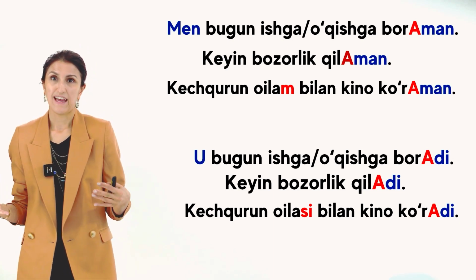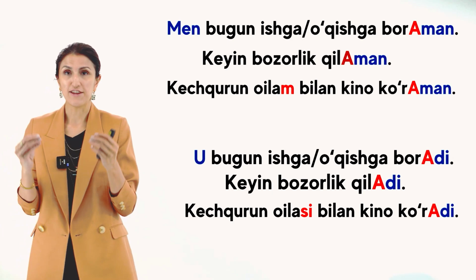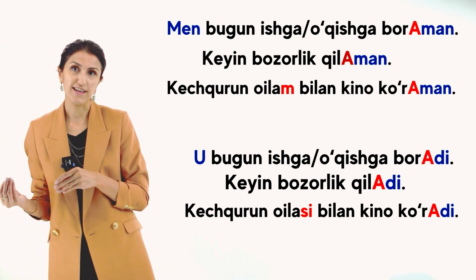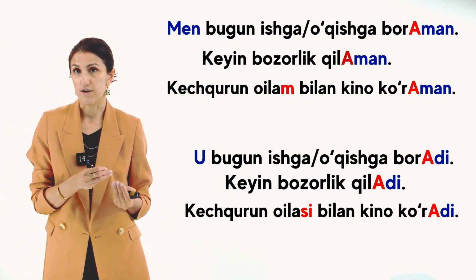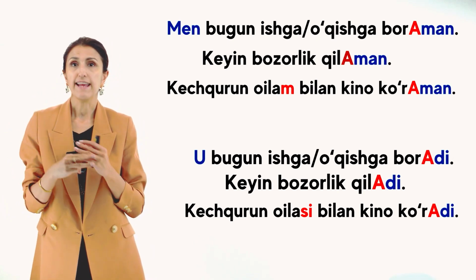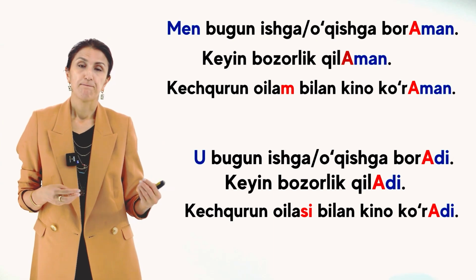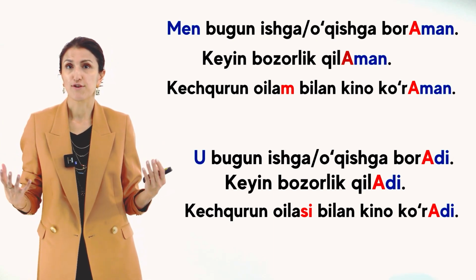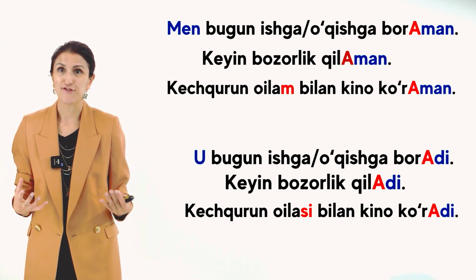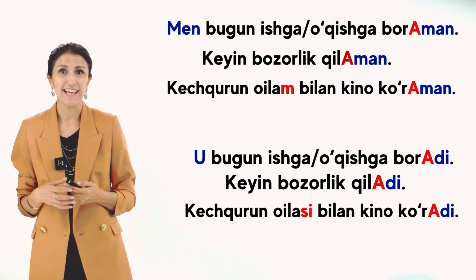Now, after you watch this, can you describe what you did yesterday and what you will do tomorrow? Take three things. It can be three different things for yesterday, three different things for tomorrow. But make sure that you know how to describe these verbs in Uzbek. Also, we talked about first person and third.